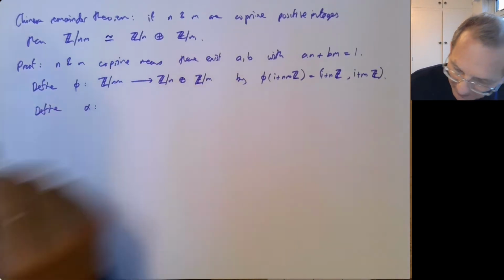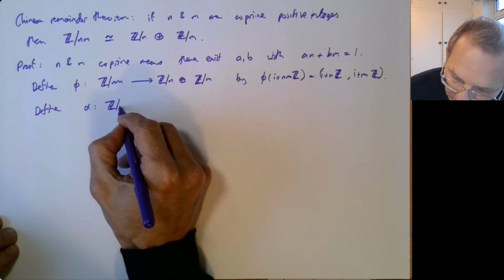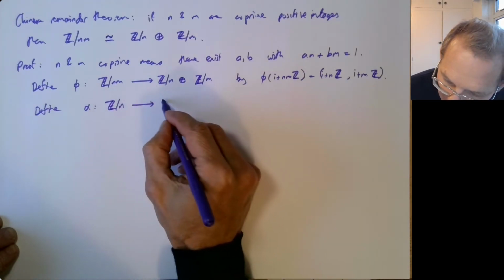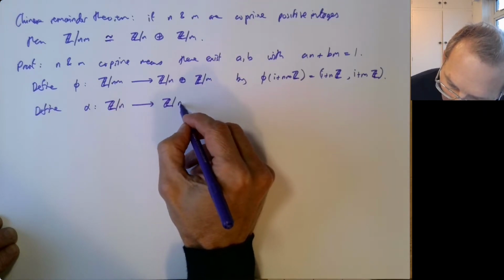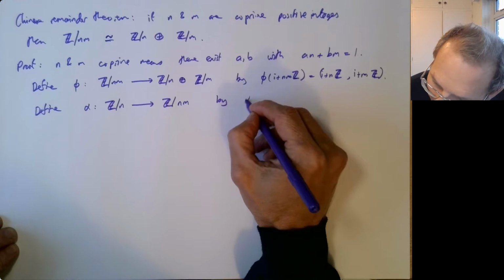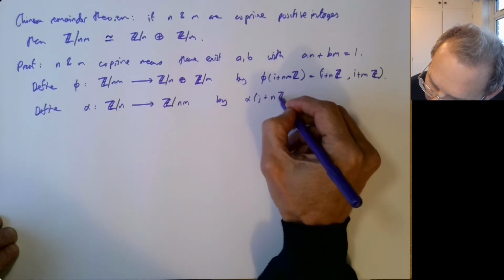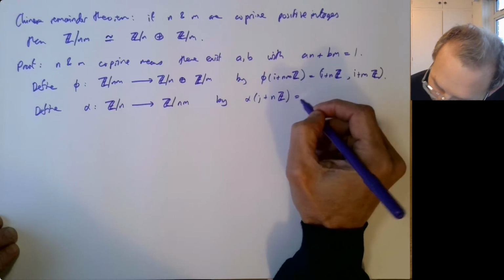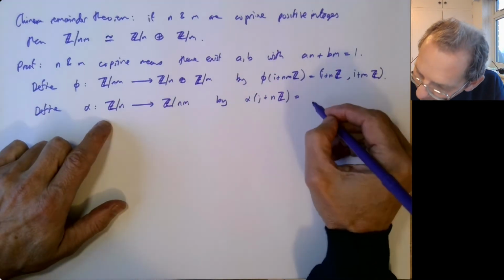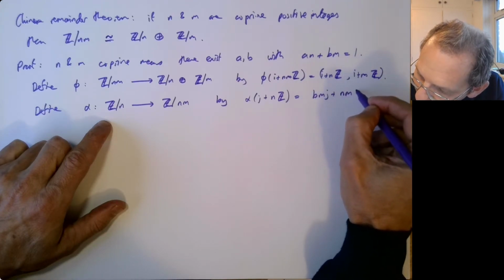Okay, now let's define a map alpha from Z mod n to Z mod nm. Alpha of j plus nZ is going to be bmj plus nmZ.